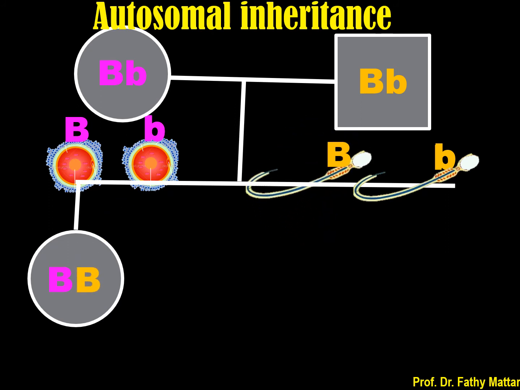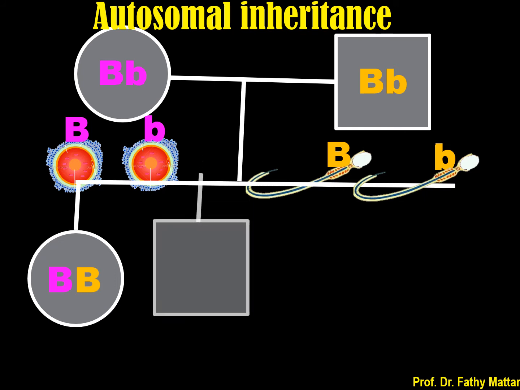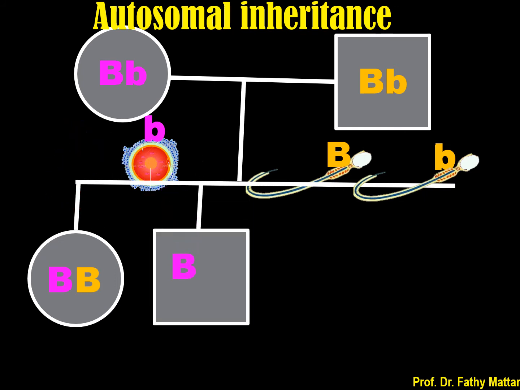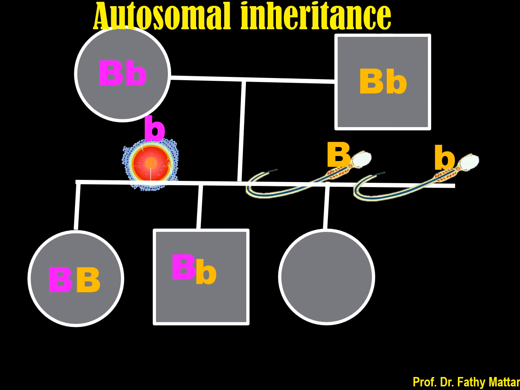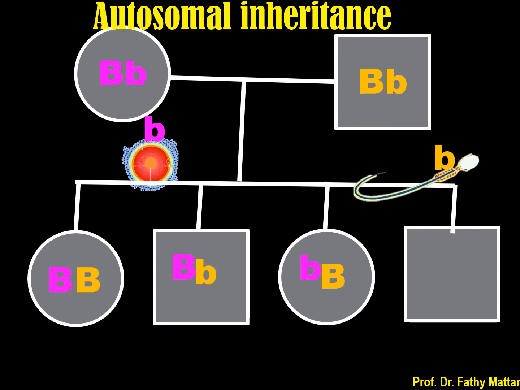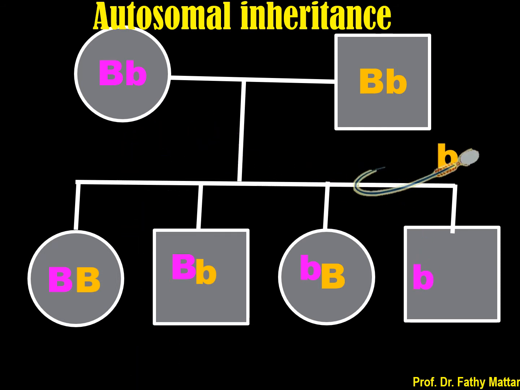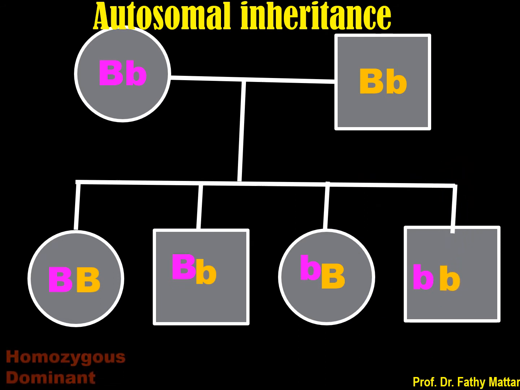Now, if they were married, their children: the first child will take the dominant from the mother and the dominant from the father, while here this is a boy and he will take the dominant from the mother and the recessive from the father, and then suppose this is a girl, she will get the recessive from the mother and the dominant from the father, while finally this one will take the rest, which is the recessive from father and recessive from mother.